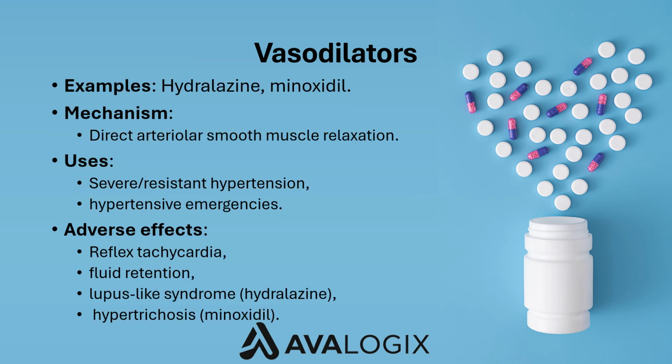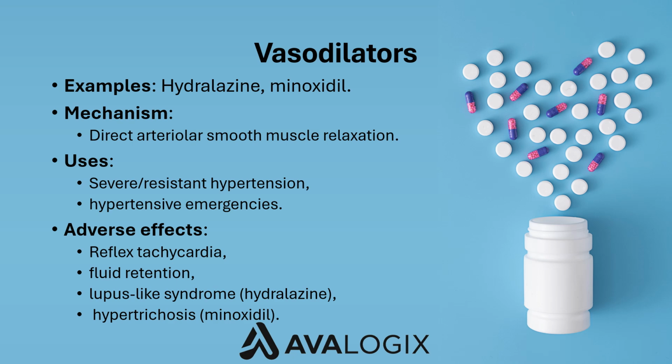They act on arteriolar smooth muscle to relax it, lowering peripheral resistance. Hydralazine is sometimes used in severe hypertension, hypertensive emergencies in pregnancy, or in combination therapy for heart failure in certain populations. Minoxidil is extremely potent and is reserved for severe, refractory hypertension, and yes, it's also used topically for hair growth.